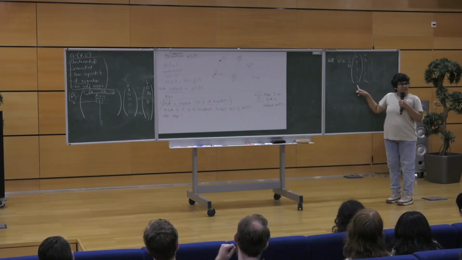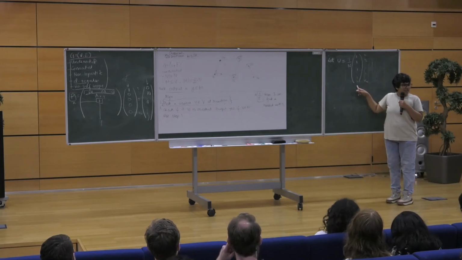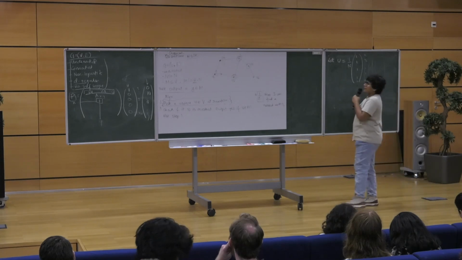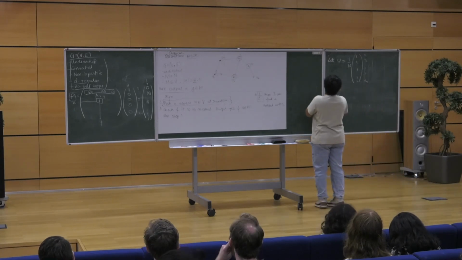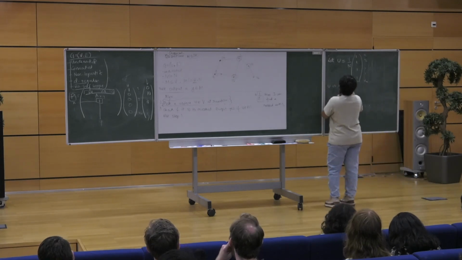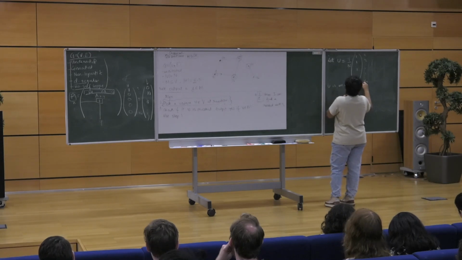This is a valid distribution, right? And it's a uniform distribution. Now, my claim is U is an eigenvector of P.